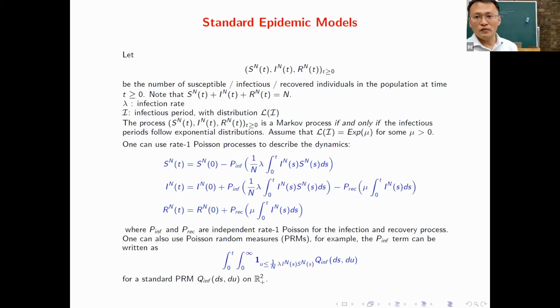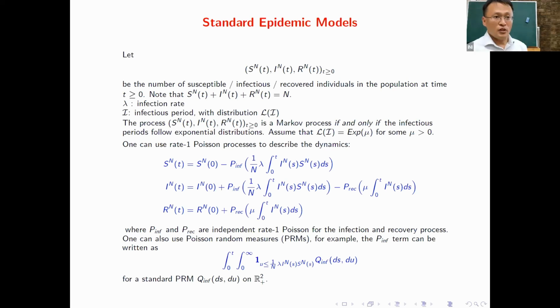The dynamics of the model can be described using three processes, S, I, R. We index by n because we consider the large population limit, letting the population size n go to infinity. The sum of the three is equal to the total population size, so essentially just two processes. The standard model has a constant infection rate, and we use lambda for that.